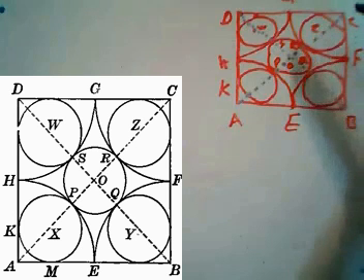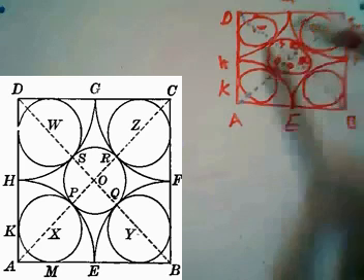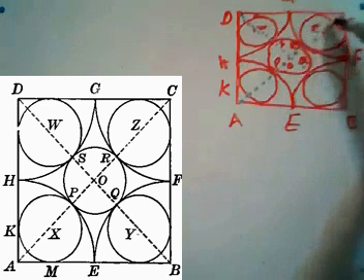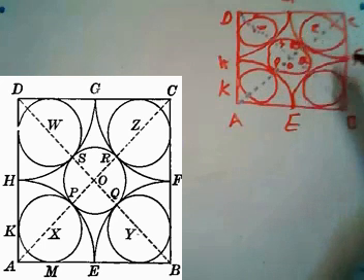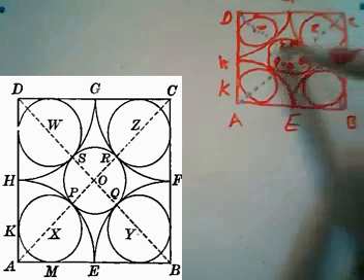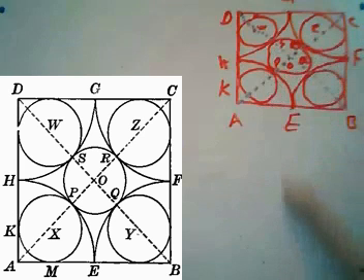Now, how could we draw these circles inscribed in the quarters, also the center circle? In order to draw a circle, we need two pieces of information. One is the center of it, and the second is the radius of it.